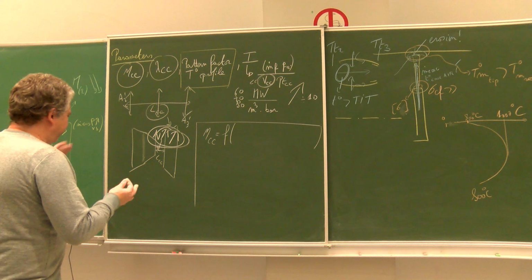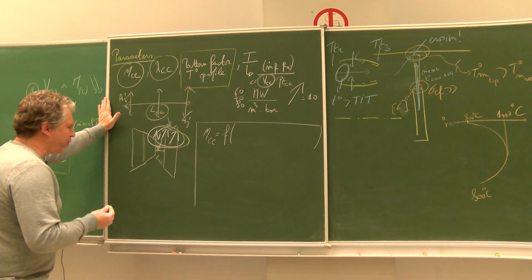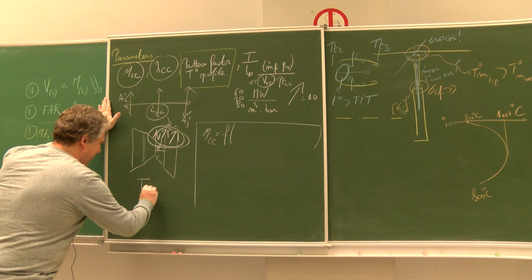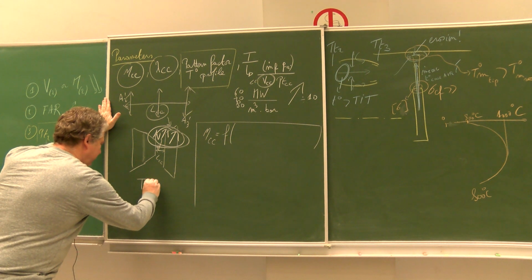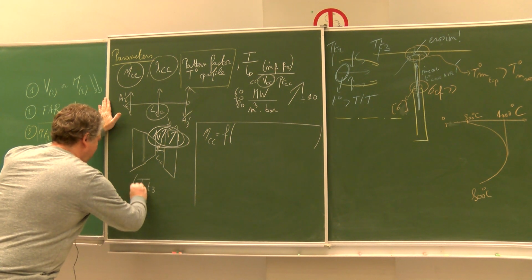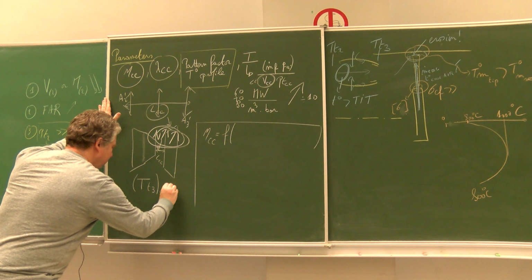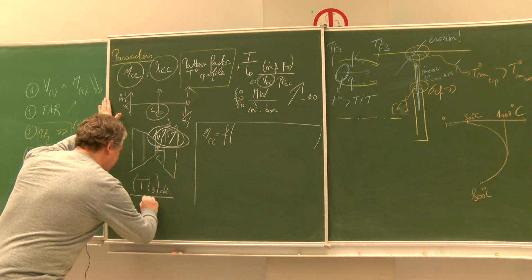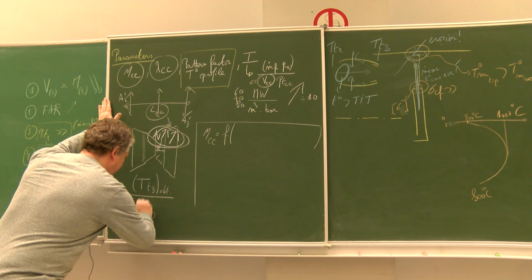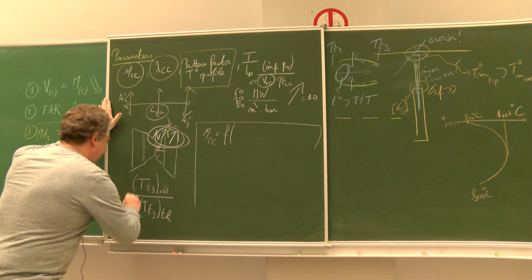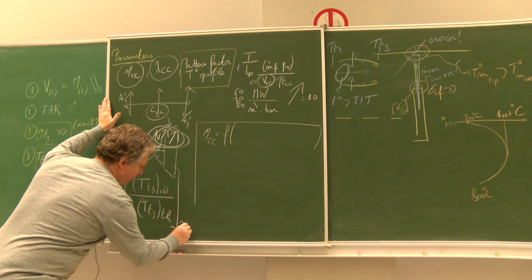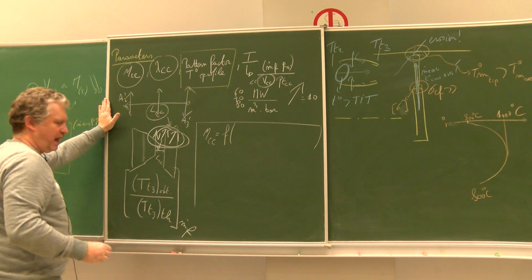So you can define eta Cc in different ways. You can define eta Cc in such a way. You can say this is the TT3 that you are obtaining, the obtained one, compared with the TT3, let's say theoretical, that you would have gotten with a constant m dot f.